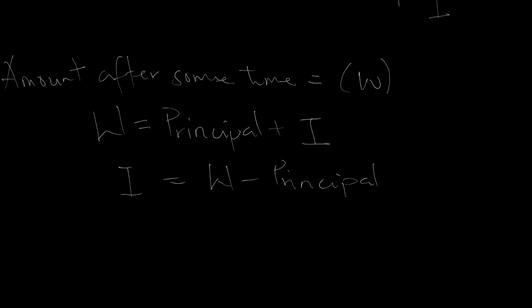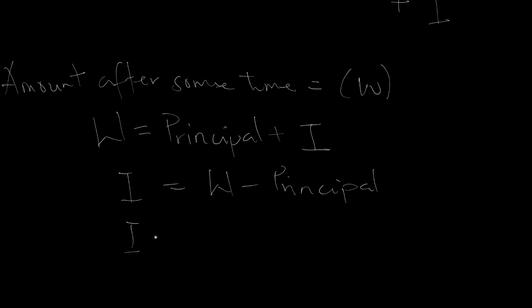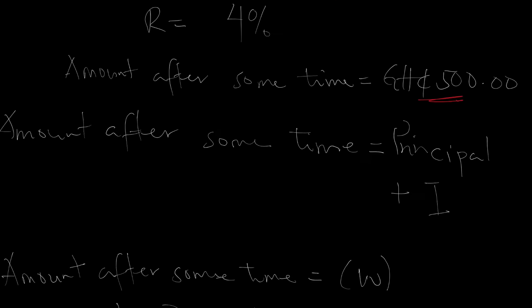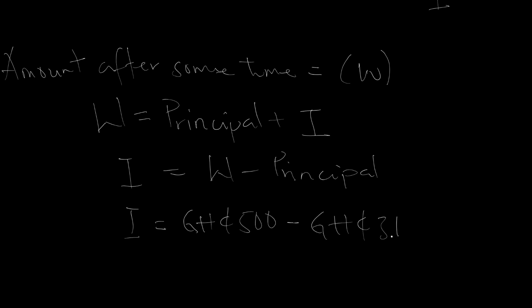which in this case means that I should be equal to Ghana cedi 500, because our amount after some time is 500, minus our principal, which is 312.50.